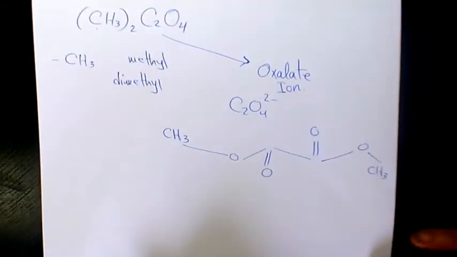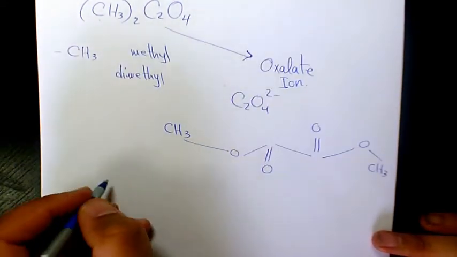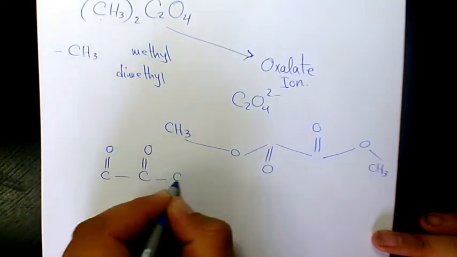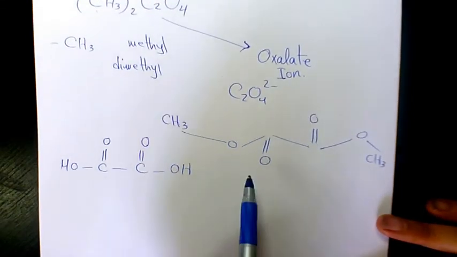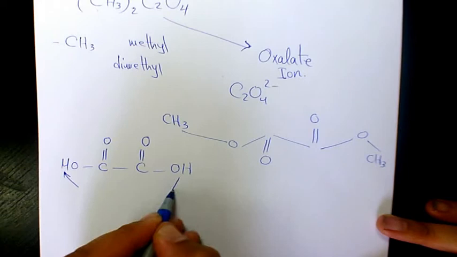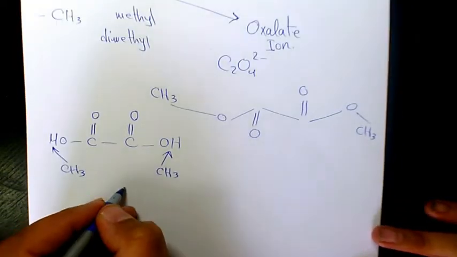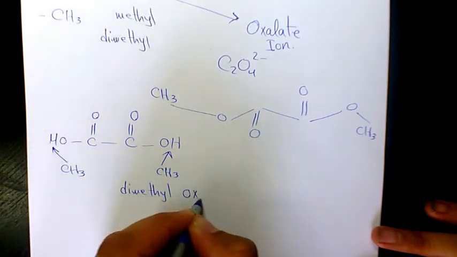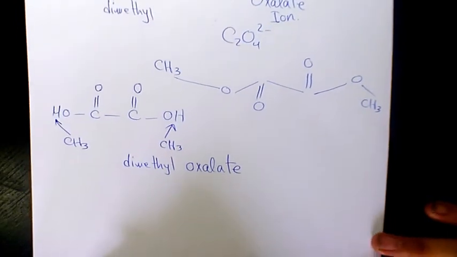Basically that's going to be like an ester, because oxalate is coming from oxalic acid, and oxalic acid is like this. And now in dimethyl oxalate, each of these hydrogens is substituted with a methyl group. That's why we are dealing with dimethyl oxalate, which is the ester of oxalic acid.